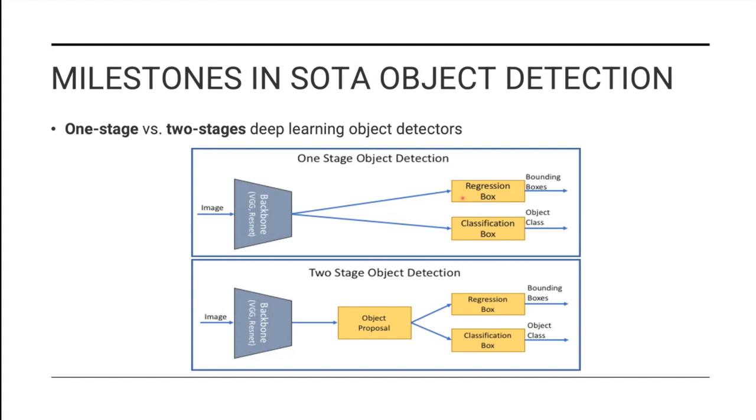We do the box regression, so that from that we have the bounding boxes and the classification, the object class. Which object is that? In two-stage object detection, we have the image, it goes to the backbone. On top of the backbone, we have the object proposal, and then we have the region regression box and the classification box to get the bounding box and the object classes. So graphically, this is the difference between one-stage and two-stage object detection.